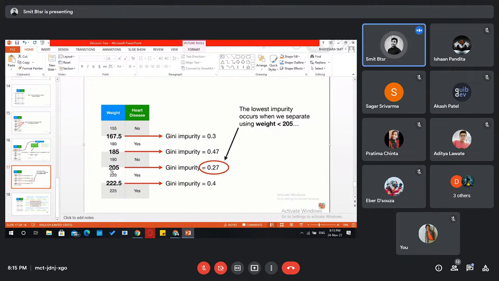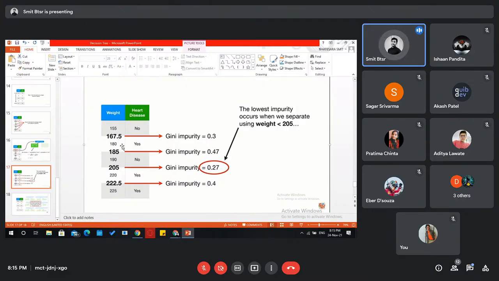Similarly, we can again ask questions after this, like if the weight is less than 205. If yes, then we again find the relationship. Between 167.5 and 185, we again find the average, so it may be 172.5.